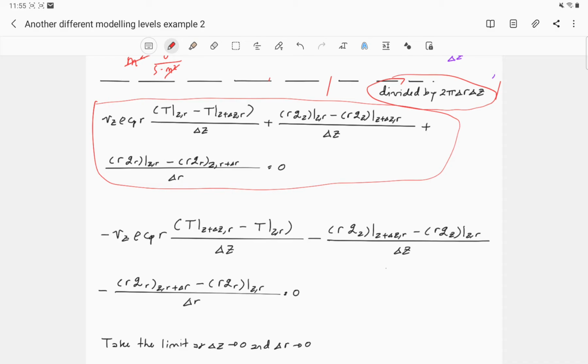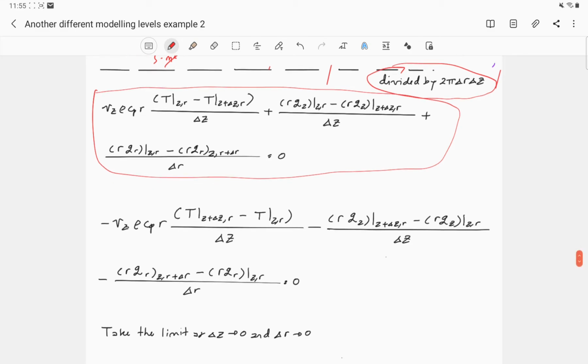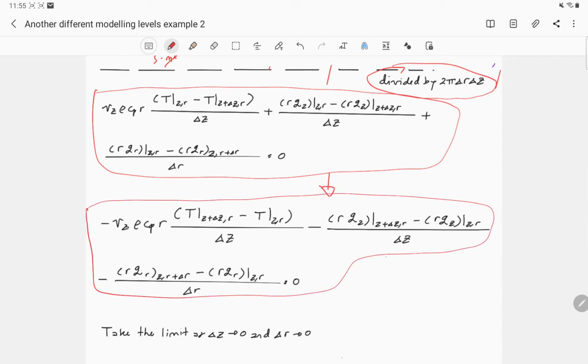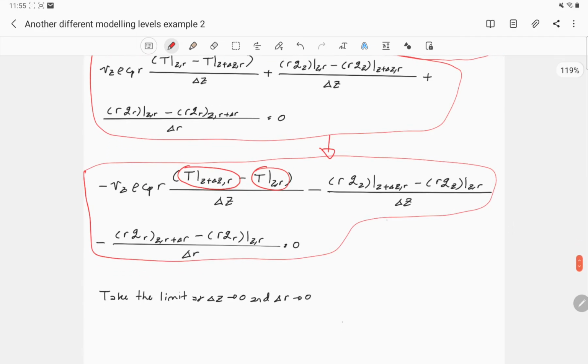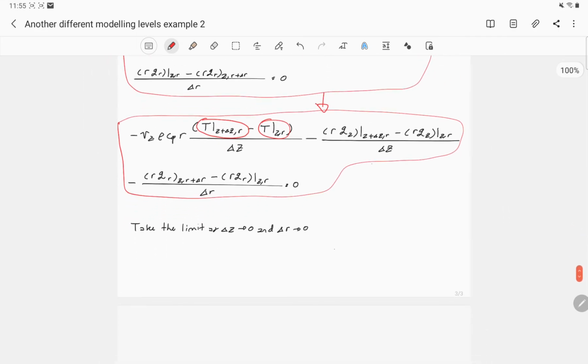This term in here is basically equal with this term in here, except that we want to change that larger term in front of the smaller term in here in order for us to use the derivative definitions.